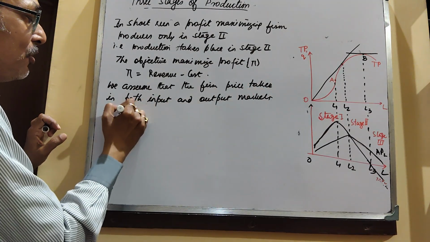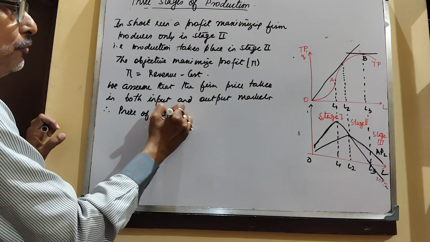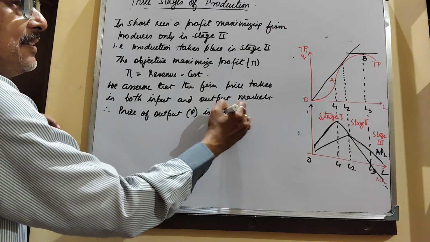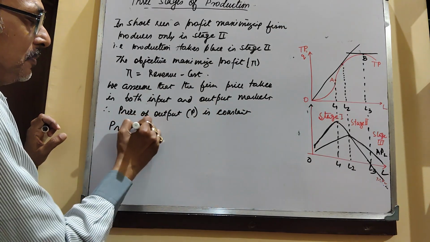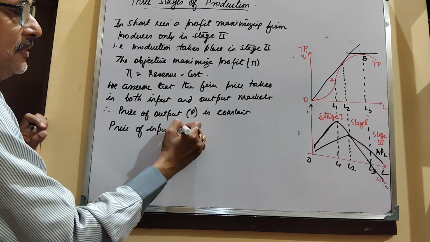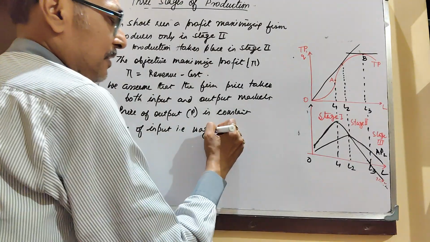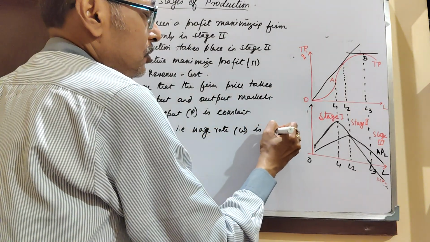That is, the price of output, denoted by P, is constant. The price of input, that is the wage rate, because labor is the only variable factor, denoted by W, is also constant.